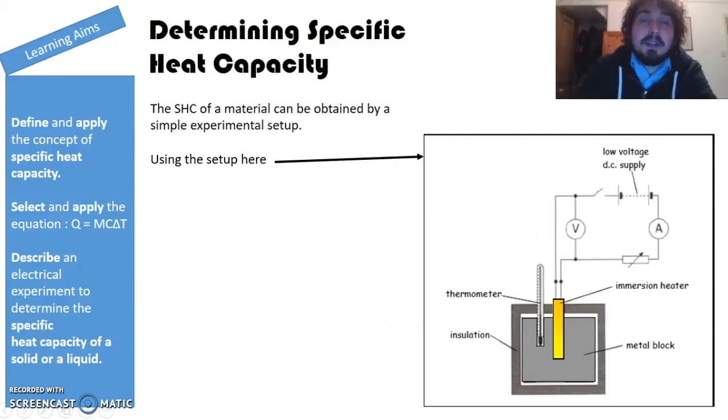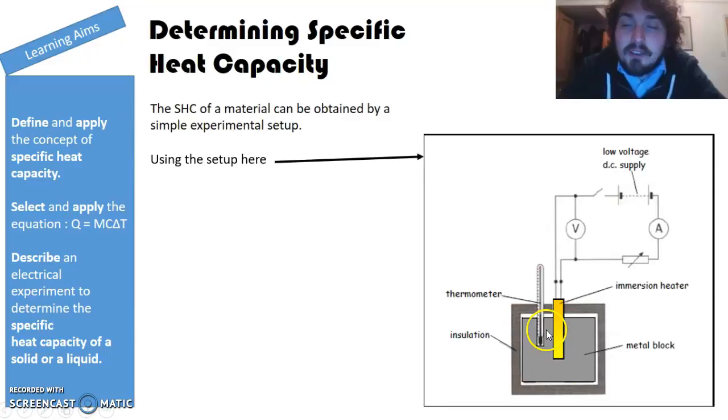Right, so determining specific heat capacity. This is a simple experiment to determine the specific heat capacity of basically any material. Using this setup, we've got usually a 1 kilogram known mass block with 2 bored holes in it, one for an immersion heater and one for a thermometer.